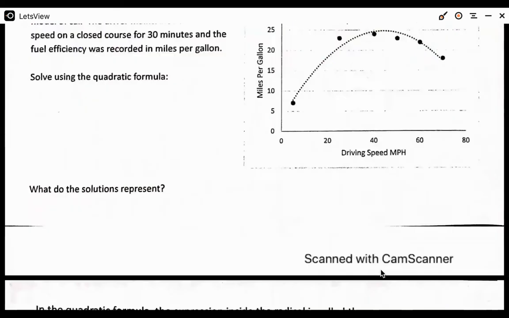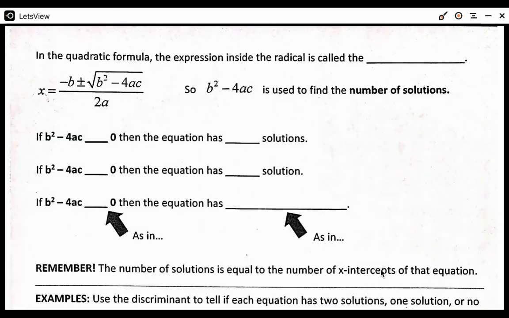So if you flip the page, in a quadratic expression, the discriminant is what we keep inside the radical. So this is your discriminant. b squared minus 4ac is used to find the number of solutions, right here inside the radical.